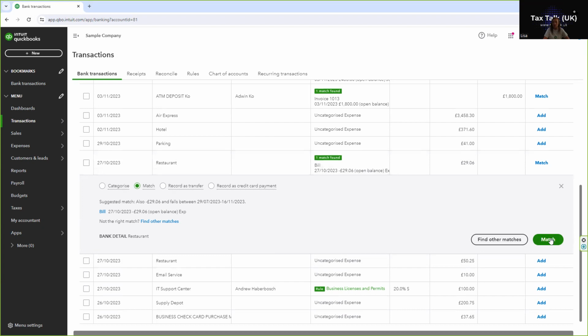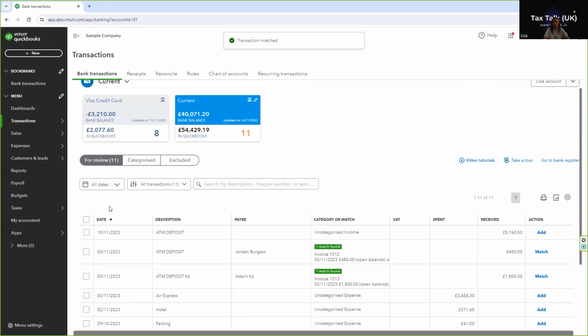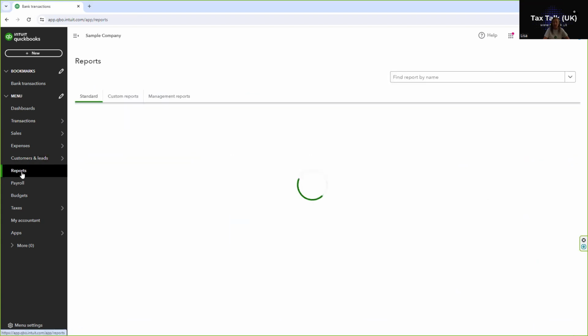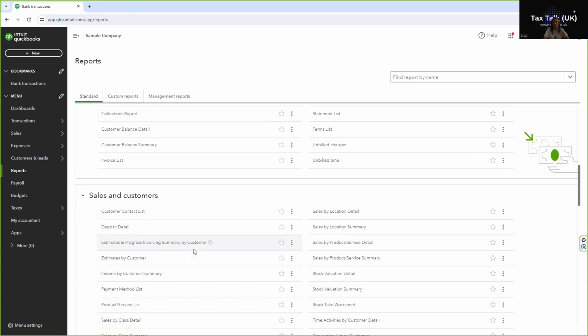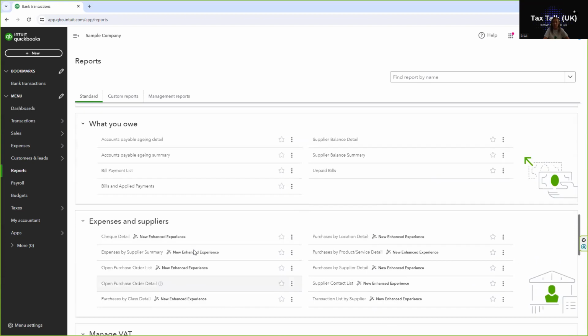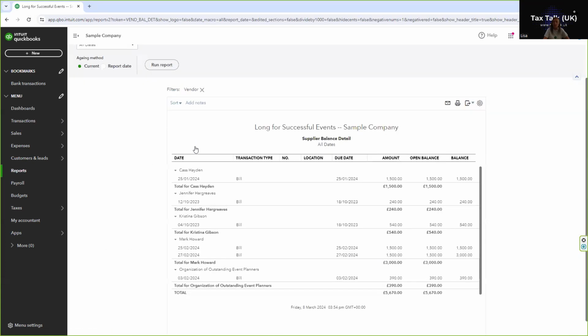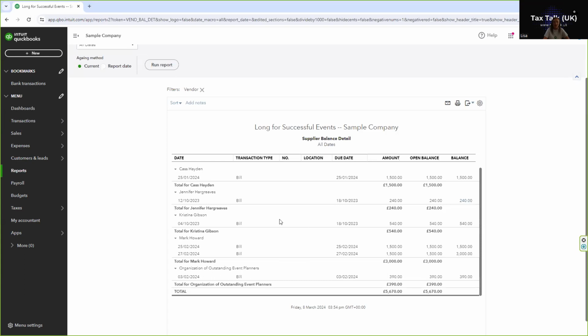So what I'm going to do is click on match. What that has done now is reduce the balance of my bank account. And if I head back to the reports and back into who I owe money to, the supplier balance detail report, you can see that that outstanding bill has gone from the report.